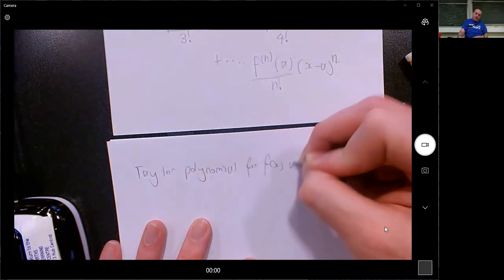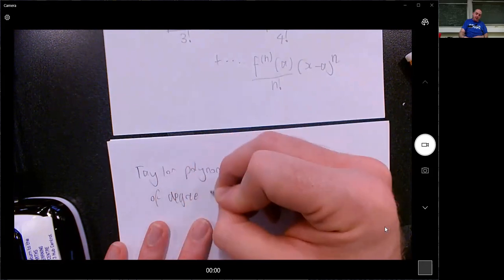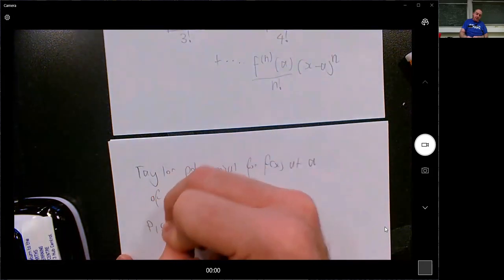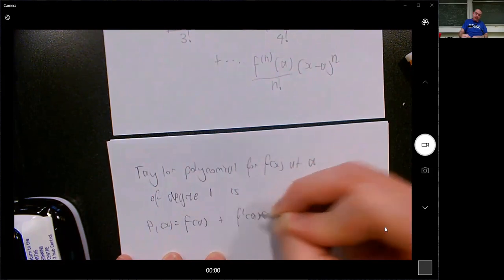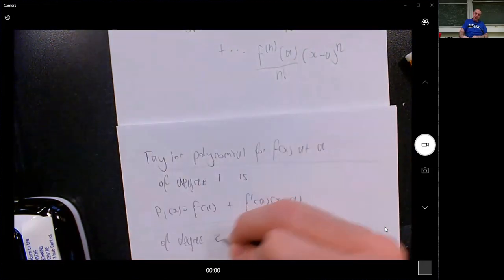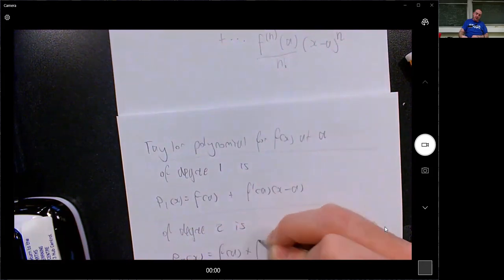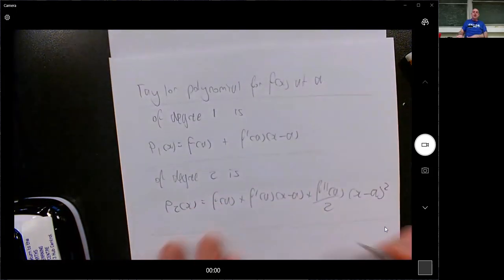for f of x at A of degree 1 is P1x, which is f of A plus f dashed of A times x minus A, and of degree 2 is P2x, f of A plus f dashed of A times x minus A plus f double dashed of A on 2 times x minus A squared, and degree 3, and so on.